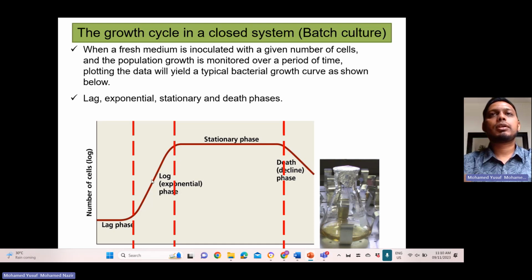We call this a batch culture if, let's say, we inoculate the cell into a medium and then cultivate it over time. We will expect to see the similar growth curve as well.